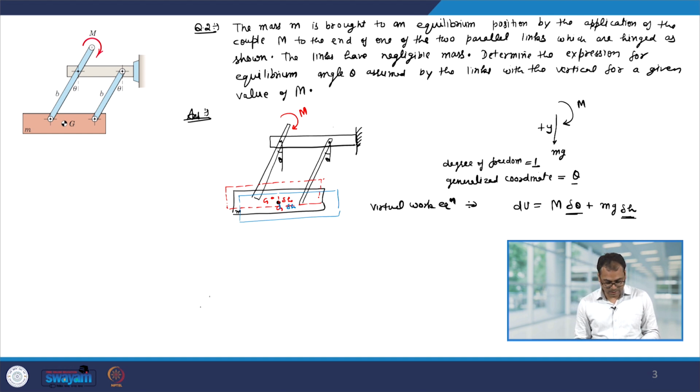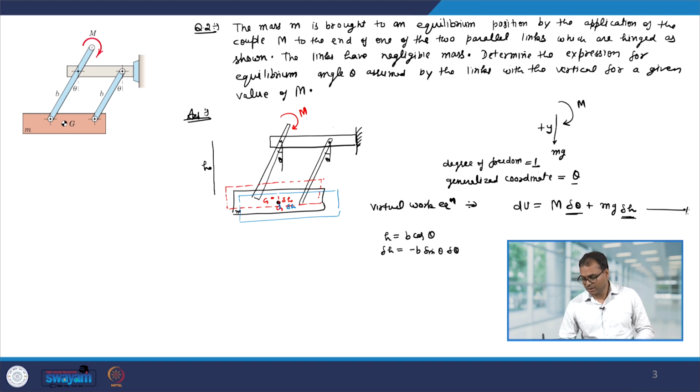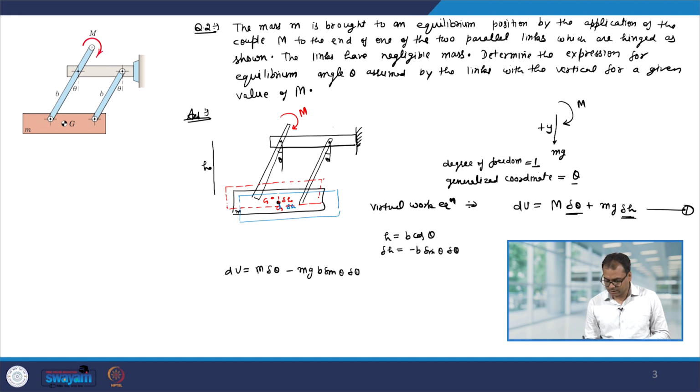So, you can clearly see here that if this height is h, then h is b cos theta, therefore, dh will be minus b sin theta d theta. Let us put that in equation number 1. So, we get du equal to m delta theta minus mg b sin theta delta theta, and this has to be equal to 0.